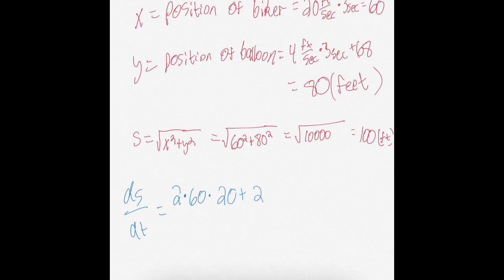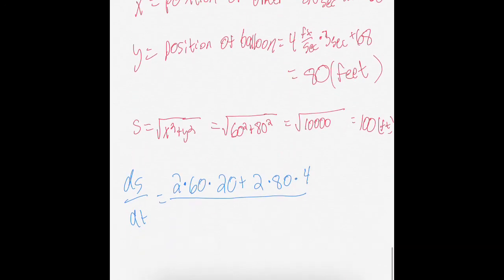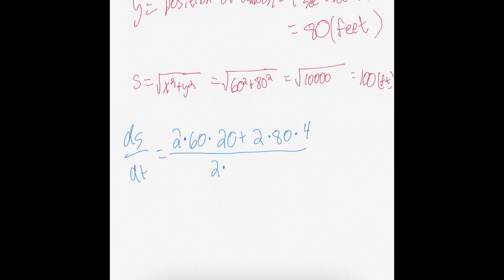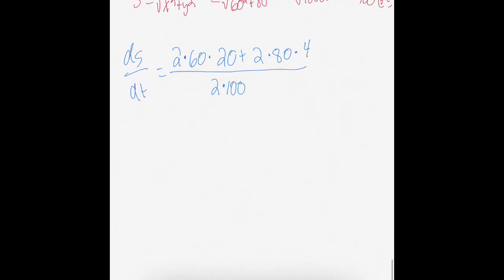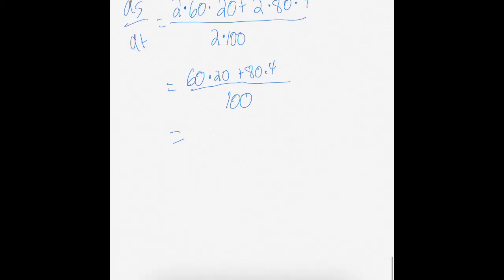So I had 2x dx dt, that's 2 times 60 times dx dt, which was 20, plus 2y dy dt, so 2 times 80 times dy dt, which was 4, all over 2s, and s is 100, so 2 times 100. We have 2's all over the place, so that will help us in our computation. We can cancel those: 60 times 20 plus 80 times 4, all over 100.